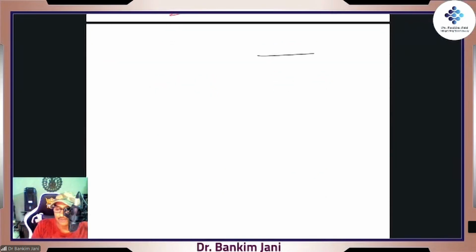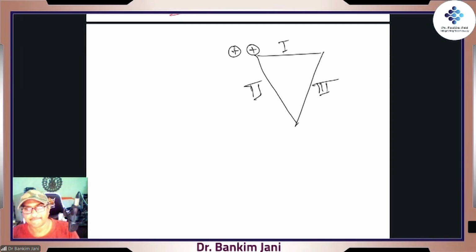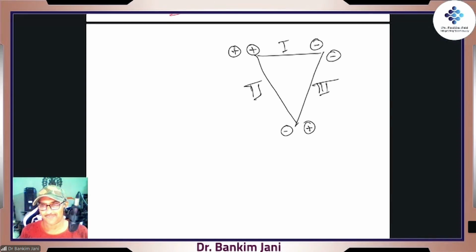I'll draw it. Let's say this is Einthoven's triangle. How simple was it in Einthoven's triangle? Plus, plus. This one is minus, plus, and this one is minus, minus. Is it right? One, two.